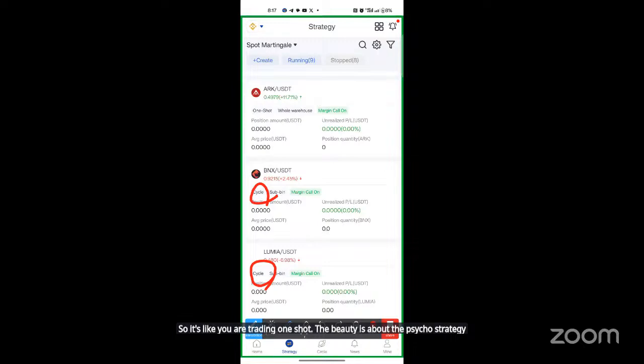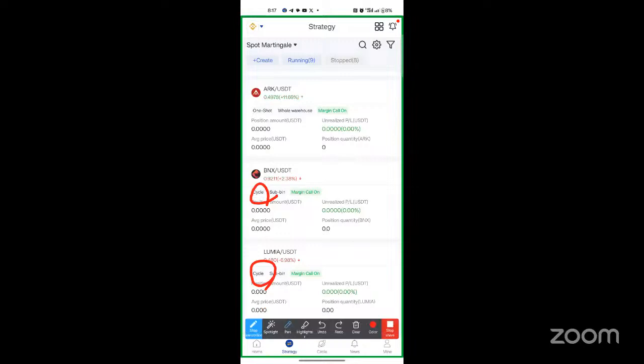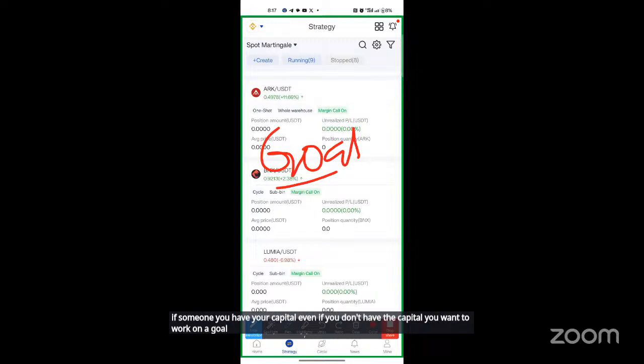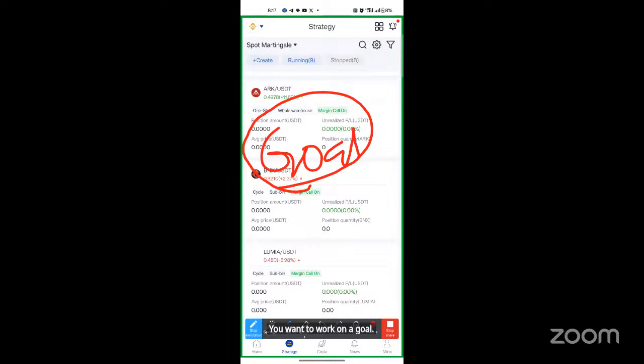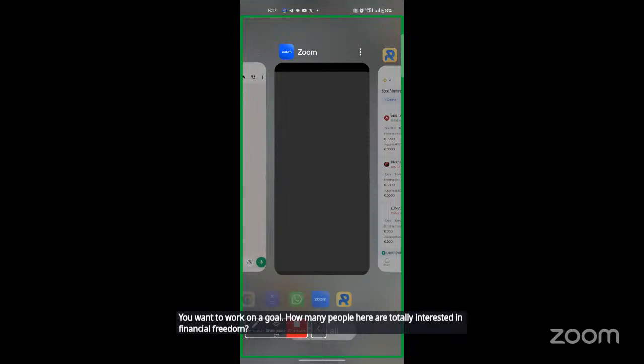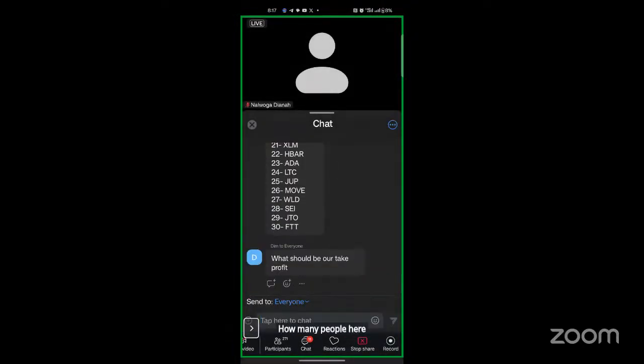If you have your capital, even if you don't have the capital, you want to work on a goal. How many people here are totally interested in financial freedom?